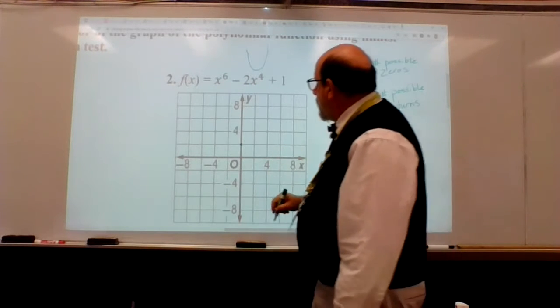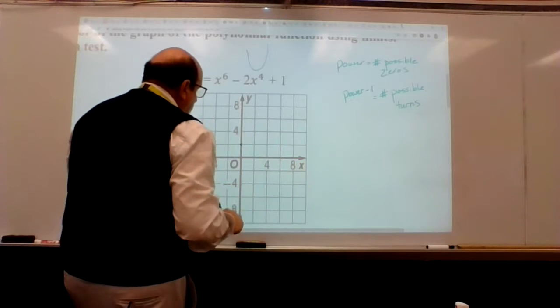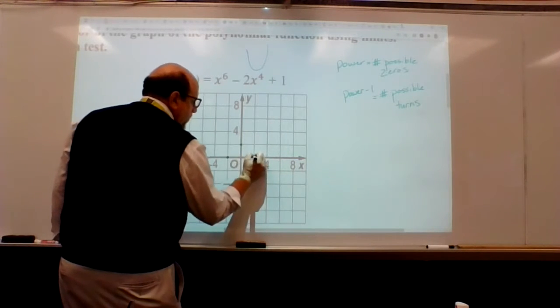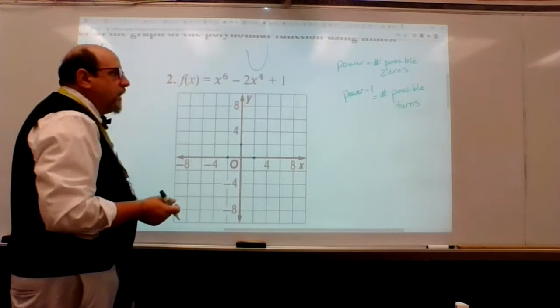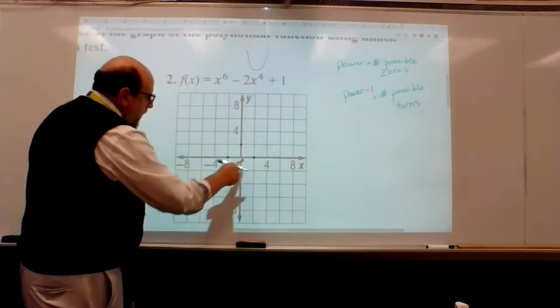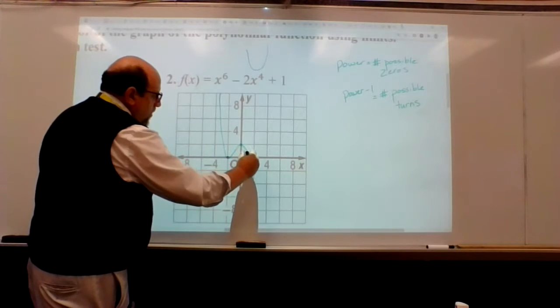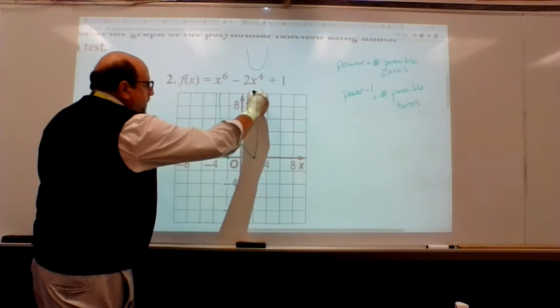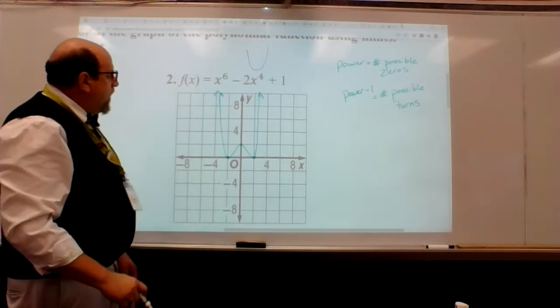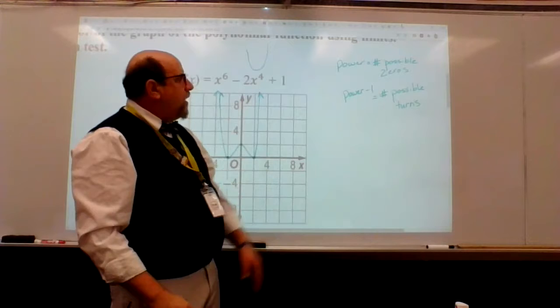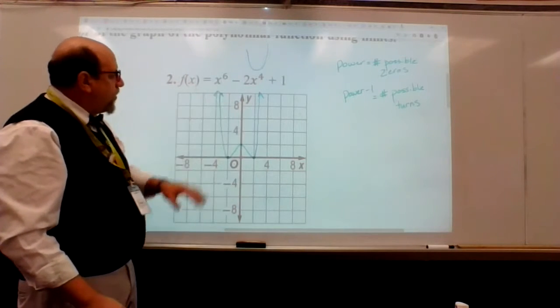And as a matter of fact, I know that it zeroes out at 1 and negative 1, and I know it looks like this. All right, a little curvier than that, but we also know it had the possibility of turning 5 times.